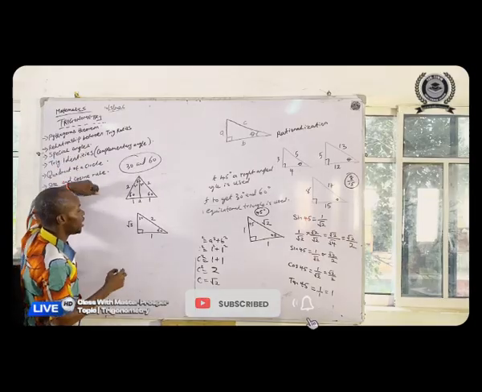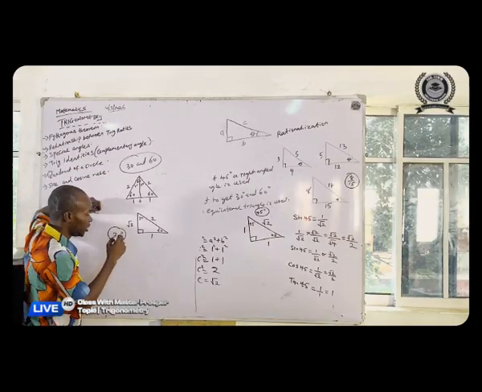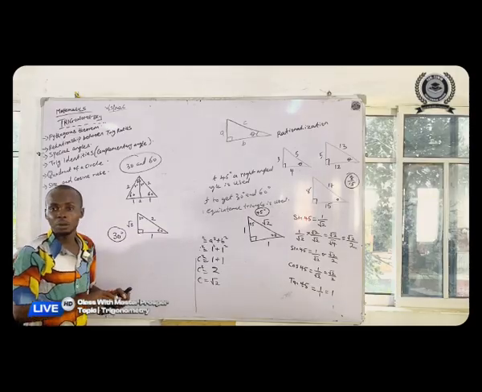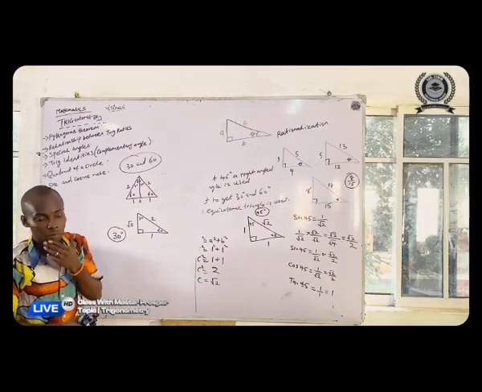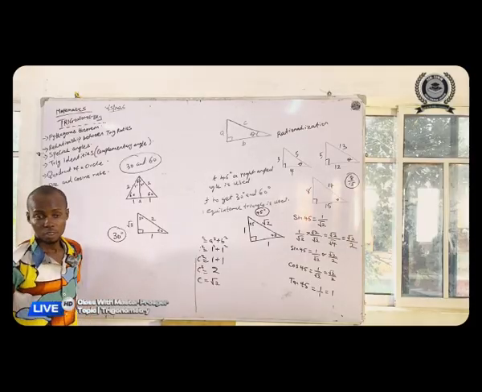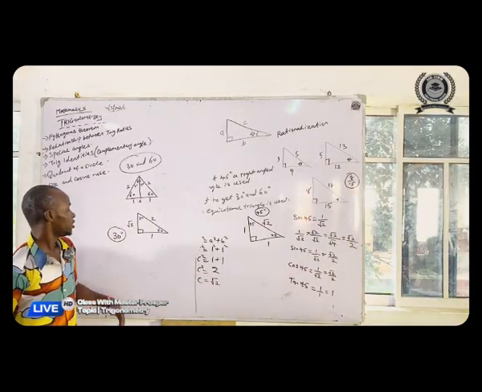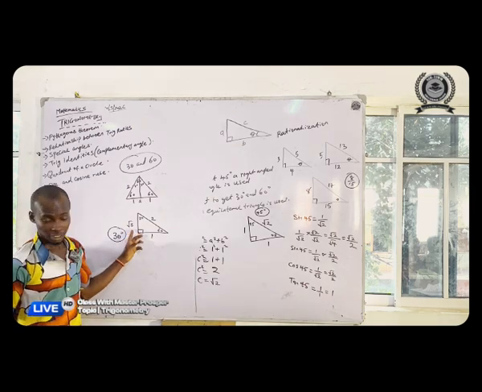Now let's look for angle 30 degrees. Which angle are we looking for? 30. So where is our opposite? Here, 1.